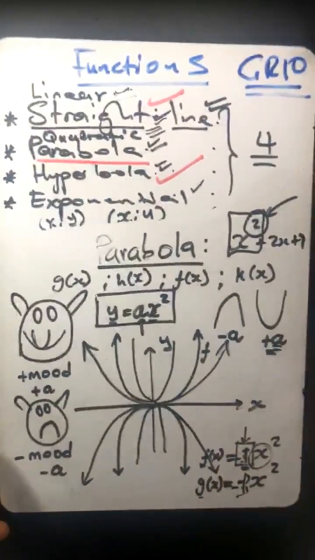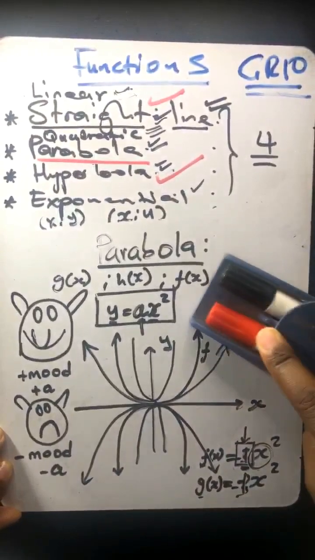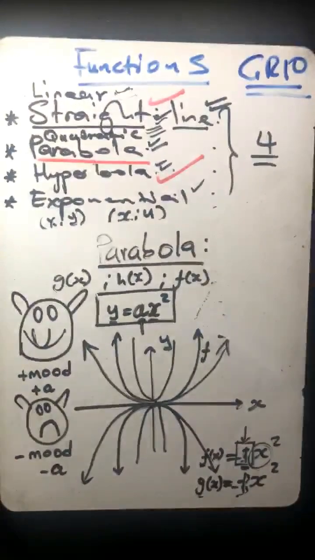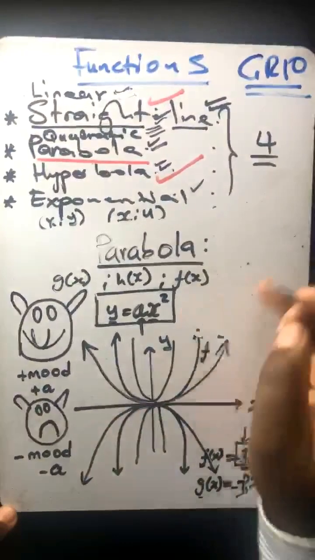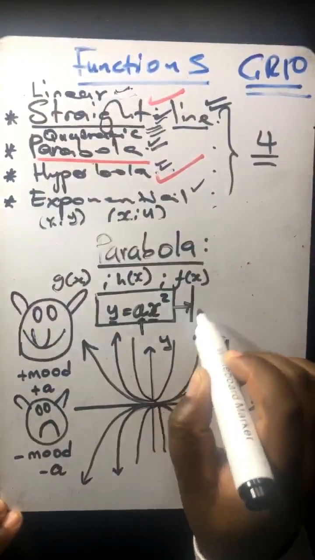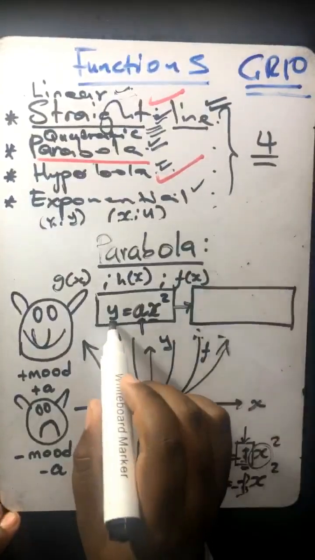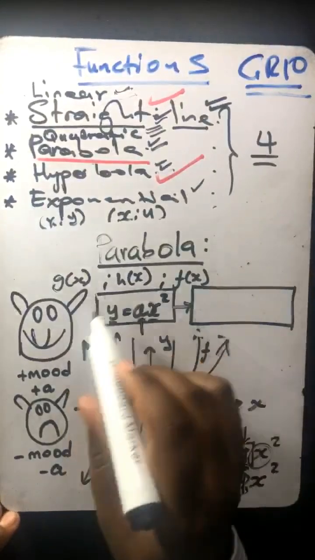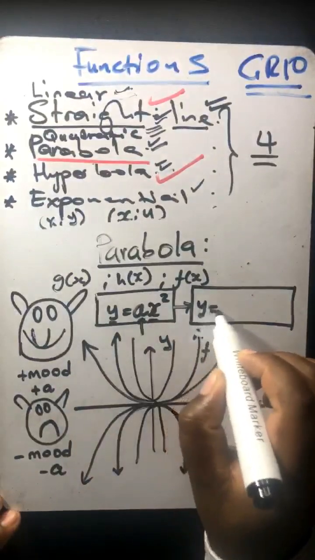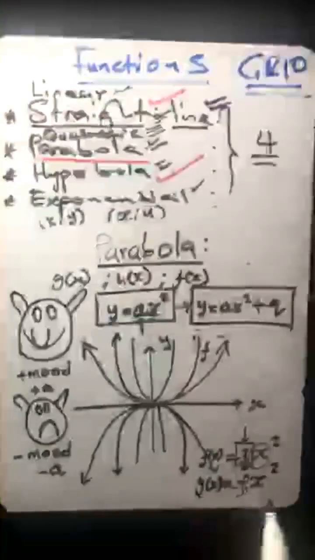So something very, very important while we are still on this type of function. It doesn't end there. This equation evolves to become something a bit complicated because they realize it's easy when it's like that. So maybe they say y is equal to ax squared plus q.